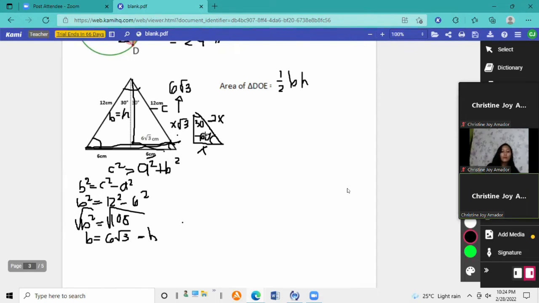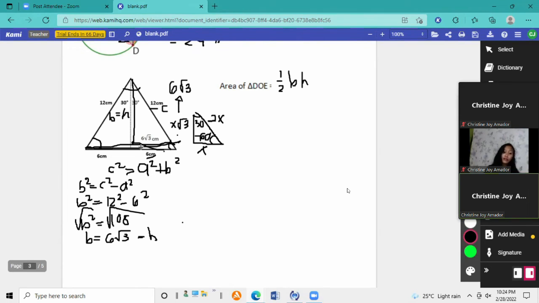Again, we can get the value of our height with the use of the Pythagorean theorem in this way, or you can use the 30-60-90 special right triangle concept. If you know the 30-60-90 special right triangle concept, you don't need to go through this process.